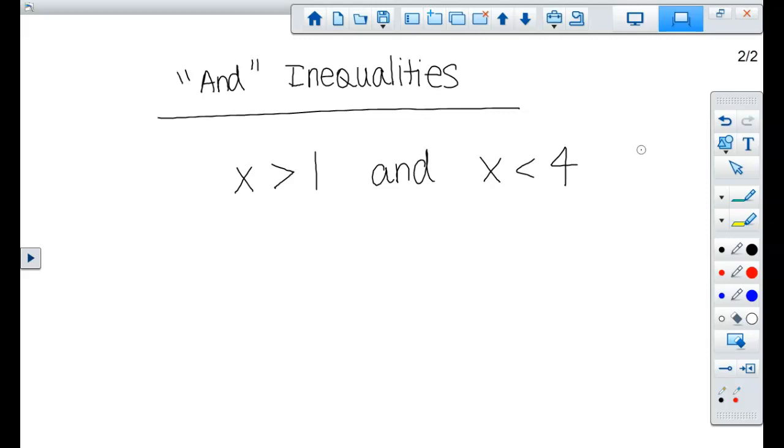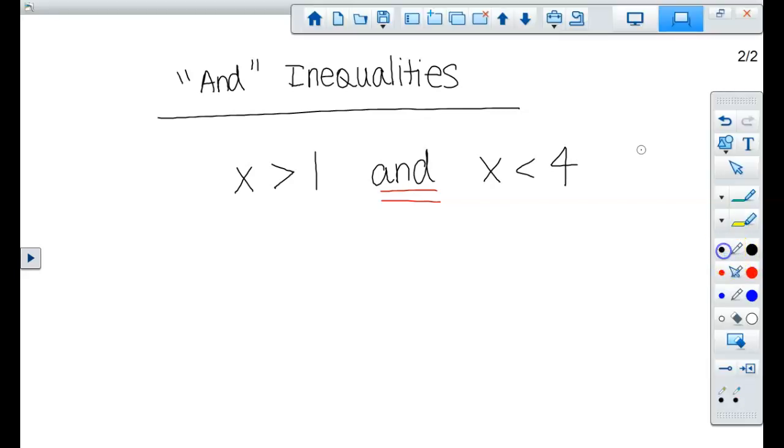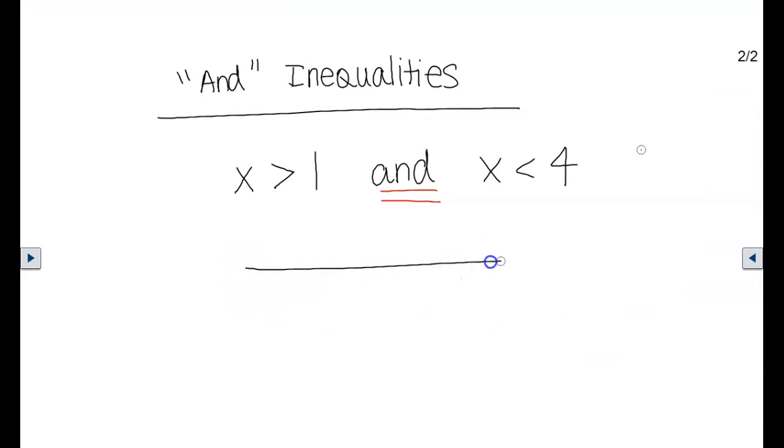X has to be a number that's bigger than 1, and x has to be a number that's less than 4. So whatever x is, he has to meet both of those requirements. He has to be a number bigger than 1, and he has to be a number that's less than 4. So I want you to think about the numbers that would do that.